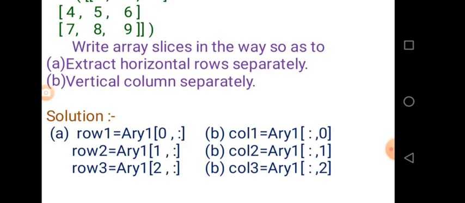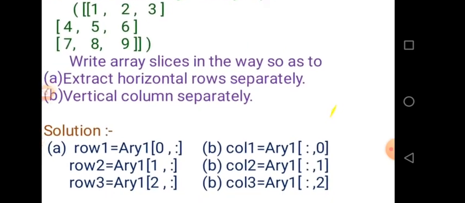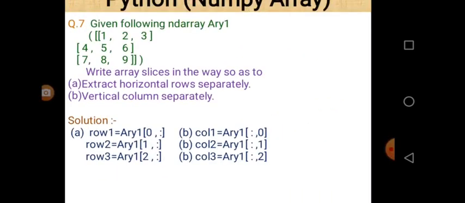The same thing we use for columns. For column 1, just write the name of the array, ARY1, then a colon, meaning each and every row should be selected, then a comma, and mention the column index. The first column is represented by index position 0.